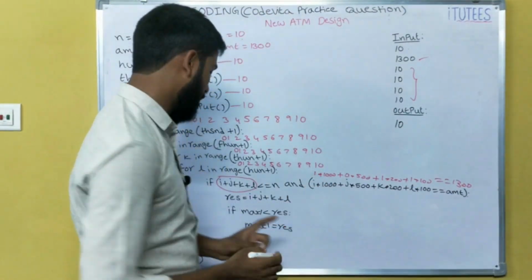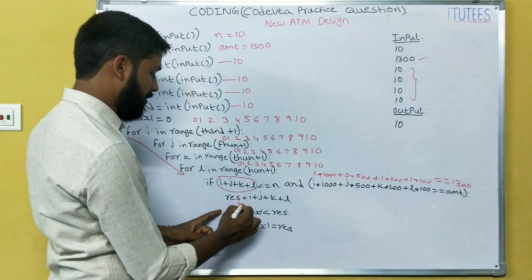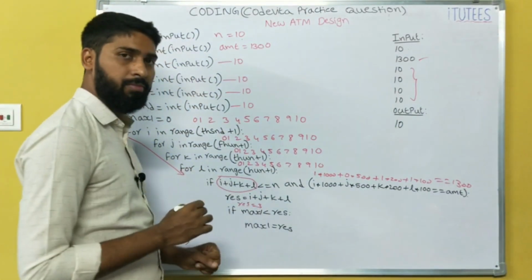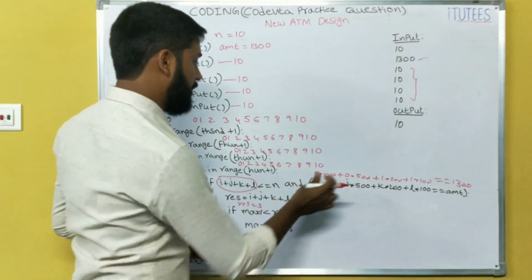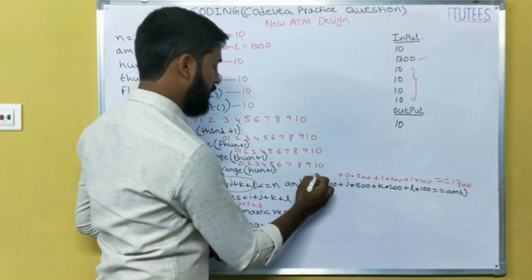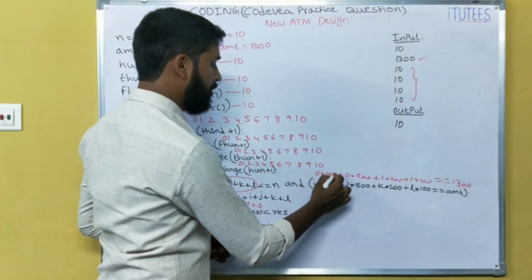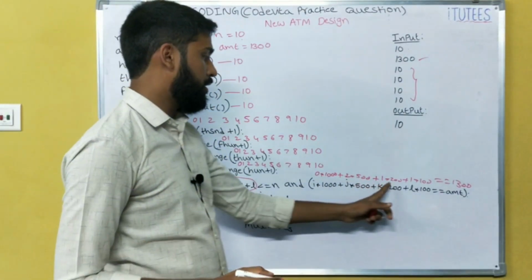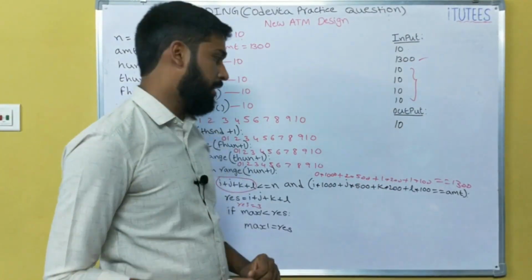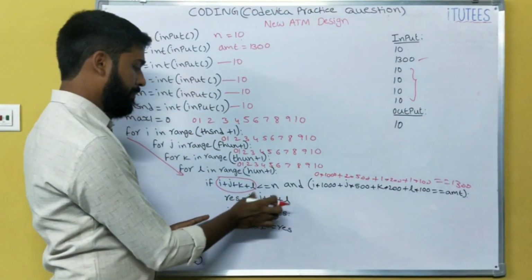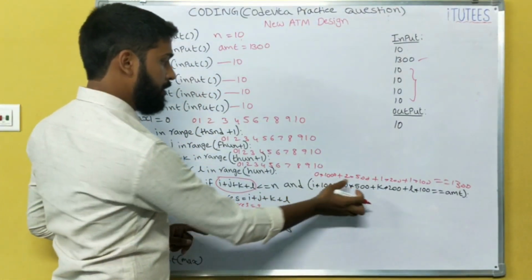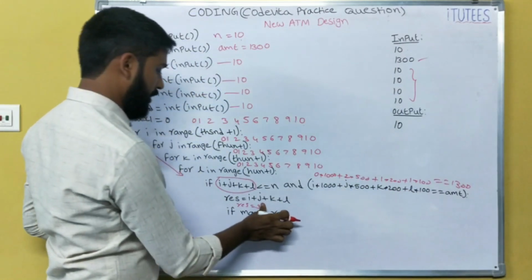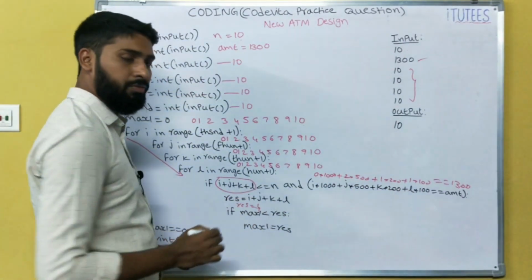Only 3 notes, so at that time the result becomes 3. In some other case, 0 into 1000, 2 into 500, 1 into 200 plus 1 into 100. In this case, what is i plus j? 2, 3, 4. The result equals 4.